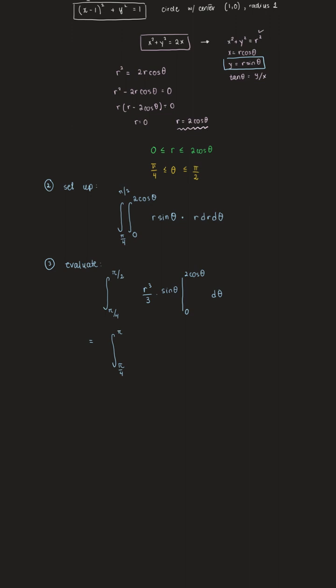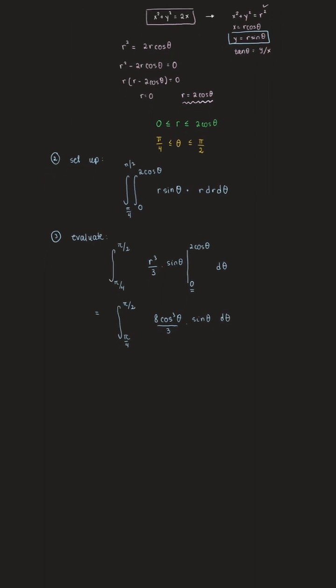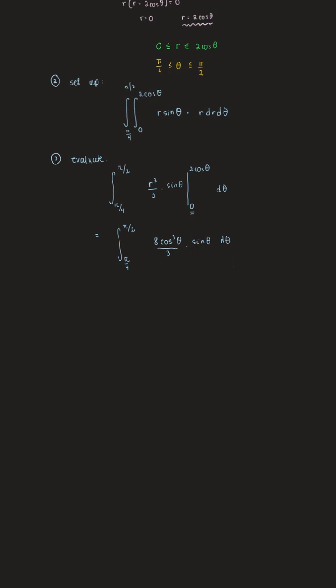So our integral from pi over 4 to pi over 2, and here we're going to have 8 cosine cubed theta over 3 times sine theta, minus 0, because when we put in our lower limit, r is 0, that's just going to go to 0. So here we have d theta, and I'm going to pull out 8/3, our constant, and now we have a single variable integral.